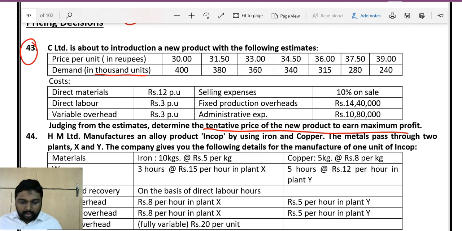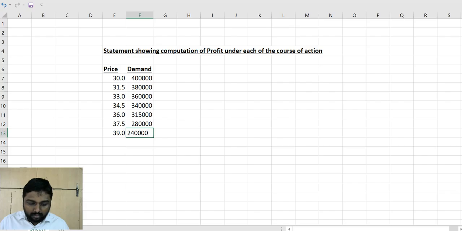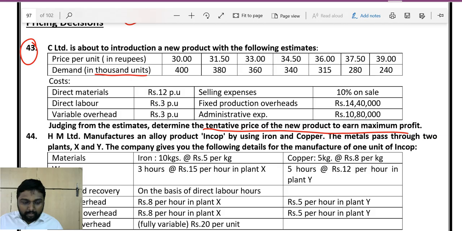So you are making 3 lakh 16, 3 lakh 14, 3 lakh 15, 2 lakh 80, 2 lakh 40. We got the demand also. So selling price we got, demand we got. Okay.